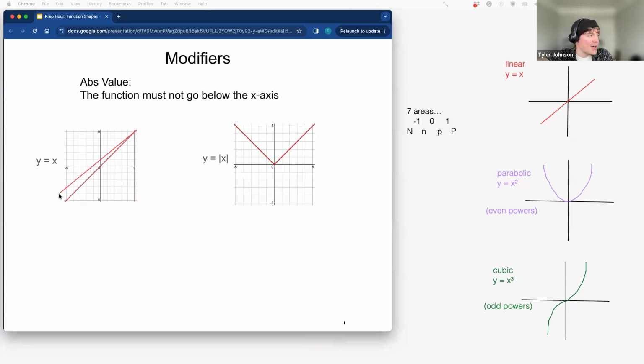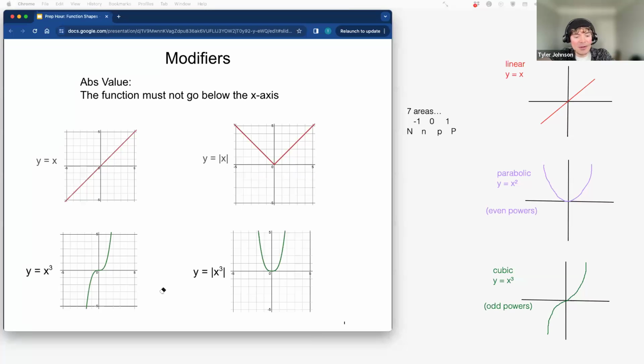So on the left, I just have y equals x. On the right, if I wrap that x in absolute values, it can no longer go negative right here. It's got to flip up to stay positive. Or similarly, if I wrapped a cubic in absolute value, this chunk that was going negative before, now it's flipping up.